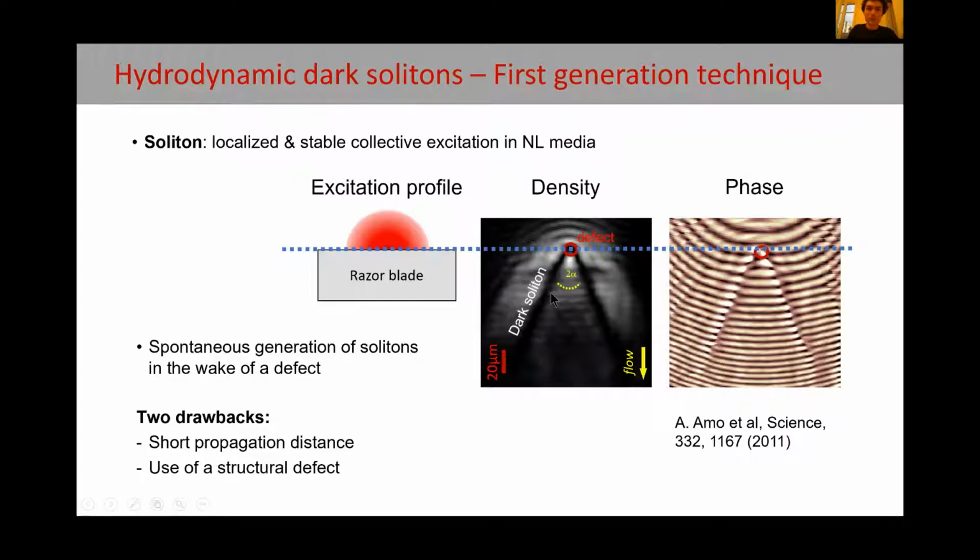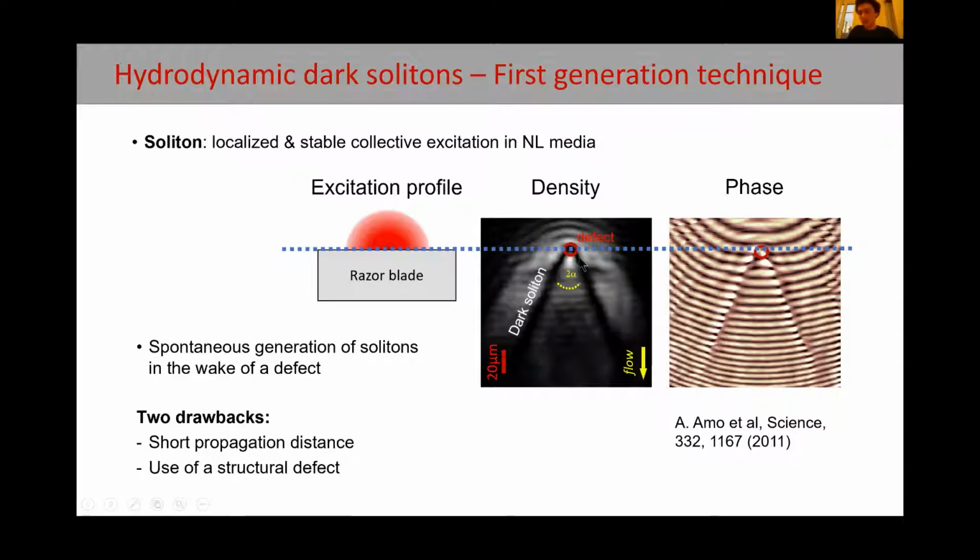So here you have the first major drawback of this first soliton generation technique. We cannot really study the propagation of these solitons at macroscopic scales. Furthermore, we have to use a structural defect, so we can only see these solitons at points of the cavity where there is some structural defect. So we can study them only for limited ranges of parameters.